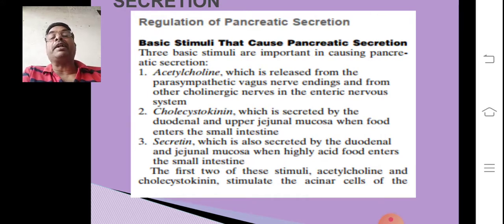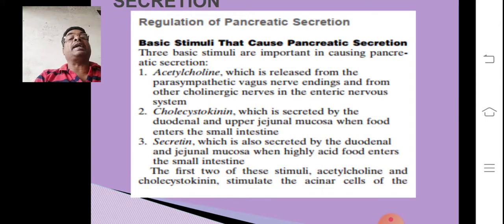Cholecystokinin is secreted by the duodenal and upper jejunal mucosa when food enters the small intestine, and secretin is also secreted by the duodenal and jejunal mucosa when highly acid food enters the small intestine.